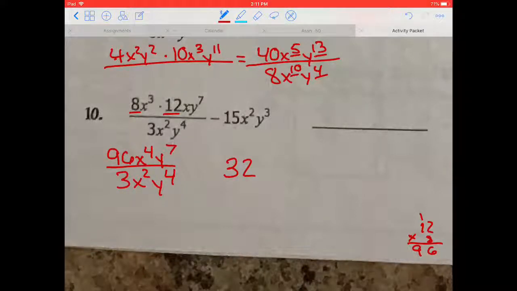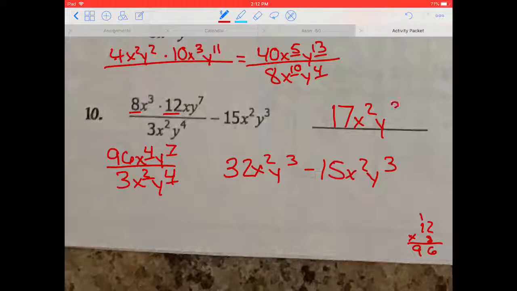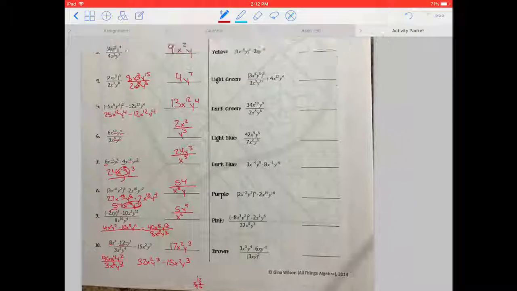I meant 96 divided by 3. 32, 4 minus 2, this is x squared, 7 minus 4, y cubed, minus 15, x squared, y cubed. 32 minus 15, 17? All right, there's the first column.